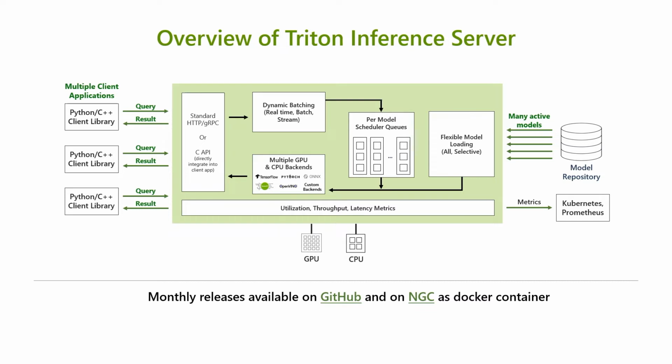Triton has Python and C++ client libraries supporting HTTP and gRPC APIs. You can also directly link your binary with Triton to avoid communication overheads. And to maximize GPU and CPU utilization, Triton Inference Server supports dynamic batching and running multiple instances on the GPUs or CPUs.